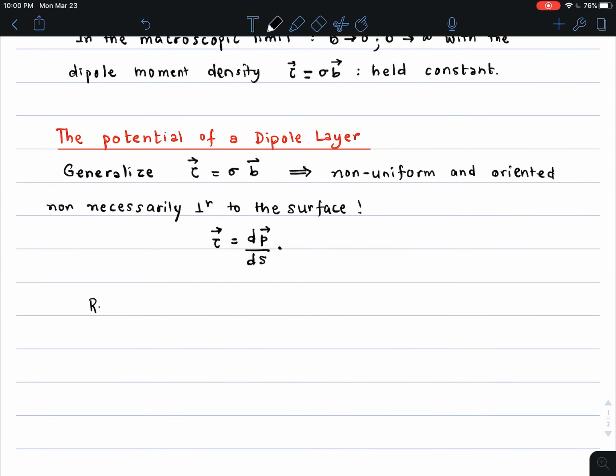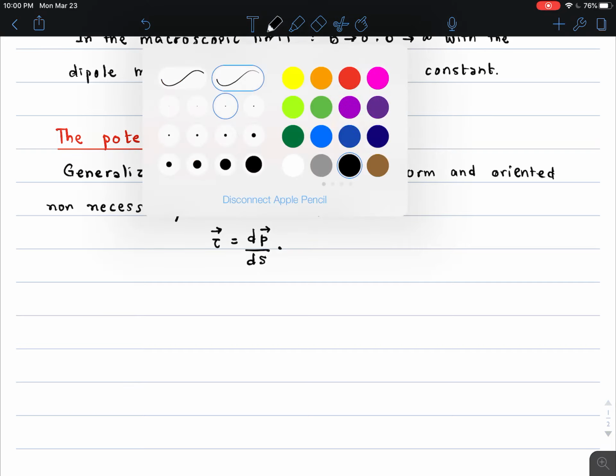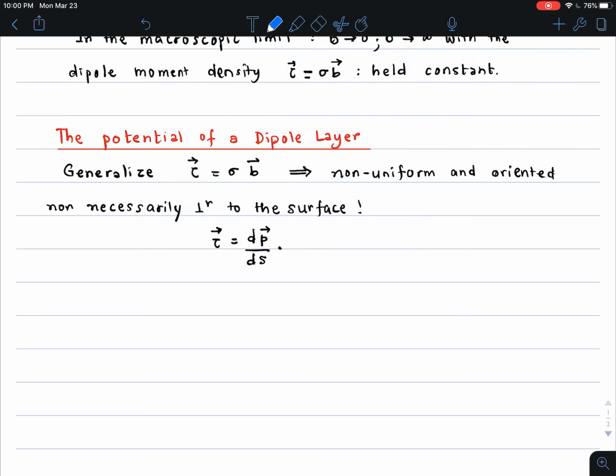So now let's recall. When I recall something, I'm going to use a different color, so that way you know this is something you have seen before.